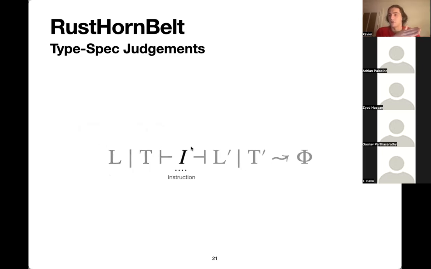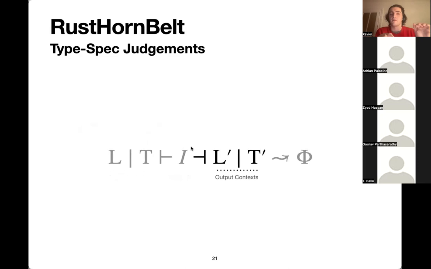In the middle, we have an instruction. So this represents an atomic step in the program. So it's something like addition, multiplication, creating a borrow, dereferencing a borrow, writing to a borrow, these kinds of things. And then on the right-hand side, we have our output context.